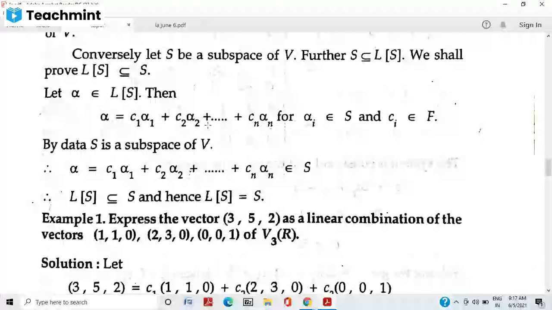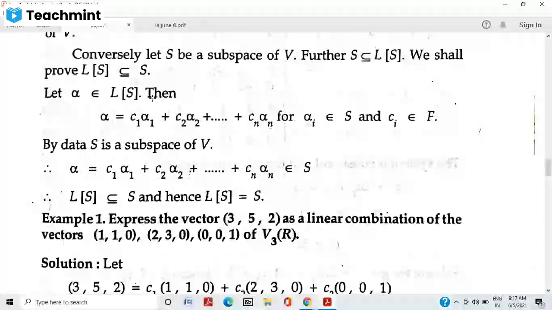Similarly, by combining, alpha 1, alpha 2, alpha 3 belonging to S means what do we get? c1 alpha 1 plus c2 alpha 2 plus c3 alpha 3 belongs to S. Or, since all alpha i belong to S, c1 alpha 1 plus c2 alpha 2 plus etc. cn alpha n belongs to S. We started from alpha belongs to L of S. Then what did we get?